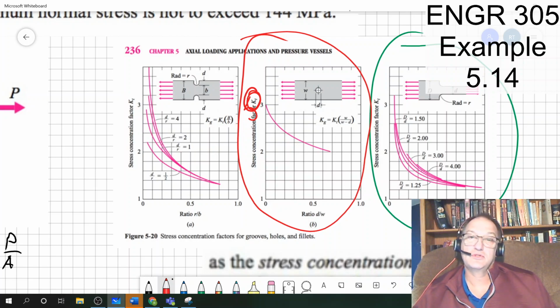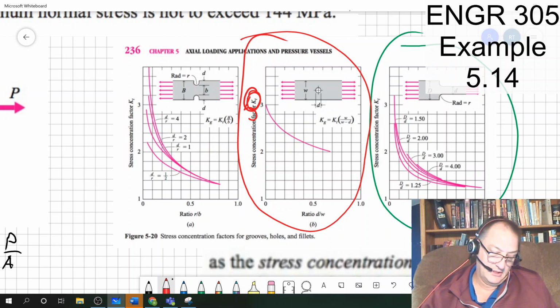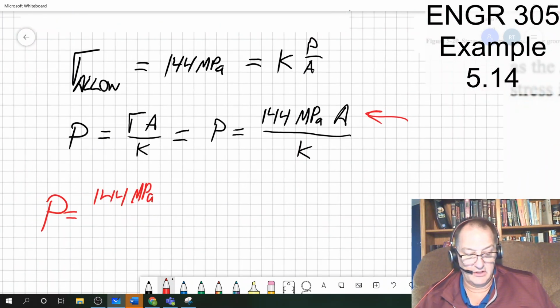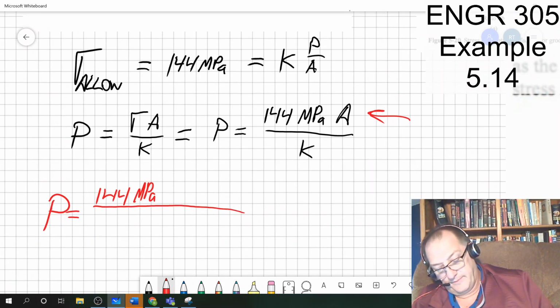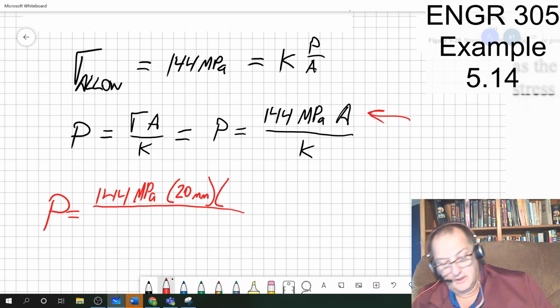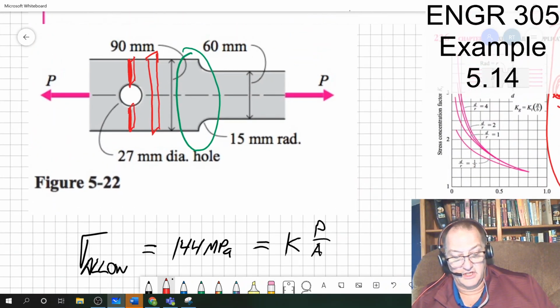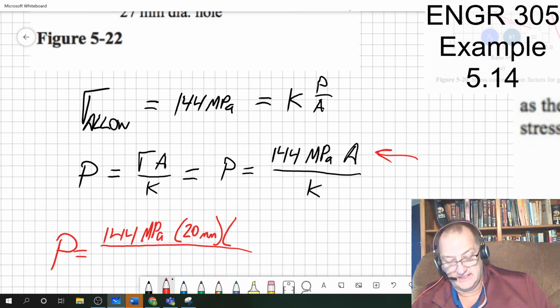So that means I use the net section. So I'm going to slide back over here, and my thickness was 20 millimeters, and my width is going to be the 90 minus 27.